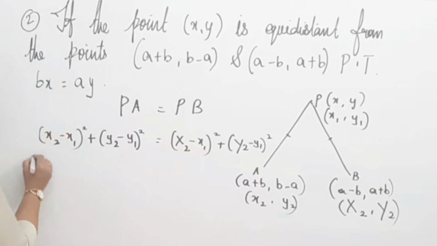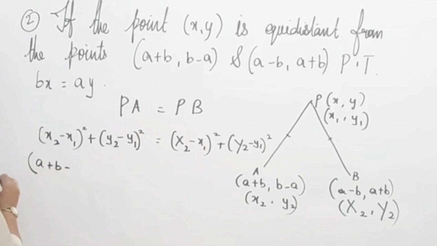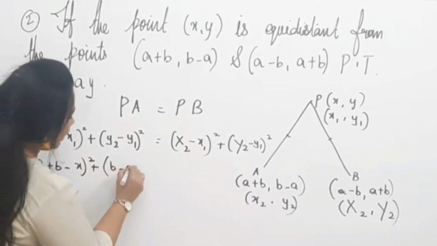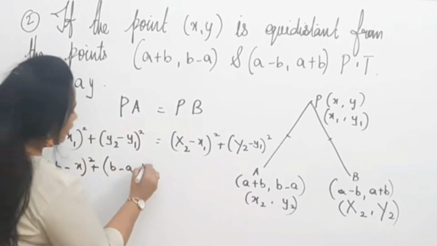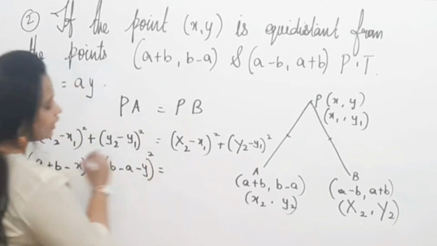Now I'll go and substitute my values. x2 is a plus b, minus x1 is my x, the whole square, plus y2 is b minus a, minus my y1 is y, the whole square.